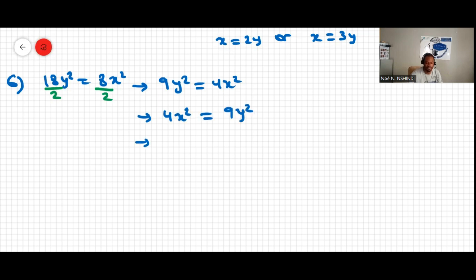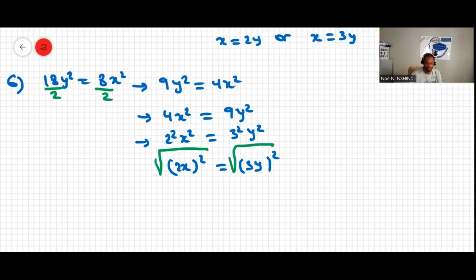They're both square numbers. This 4 is like 2 squared, x squared, and 9 is like 3 squared, y squared. So I can write 2x and then 3y there, like that. Then we can square root both sides, knowing that square root will cancel the power of 2.